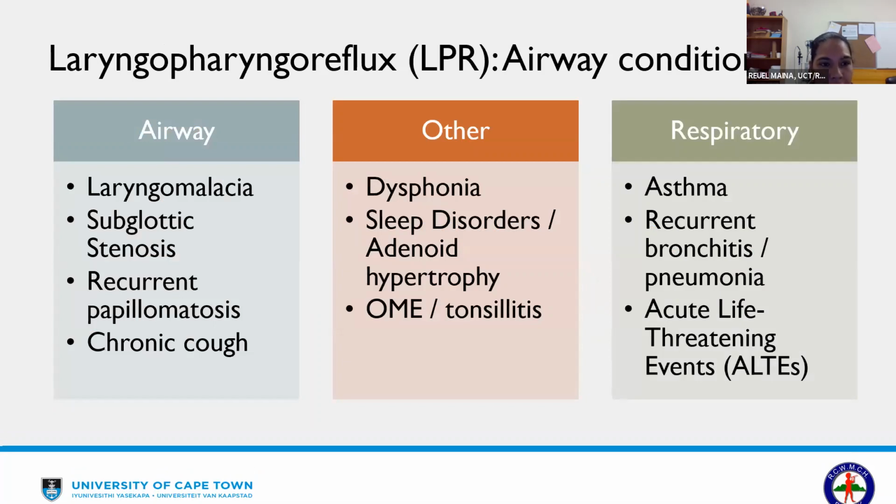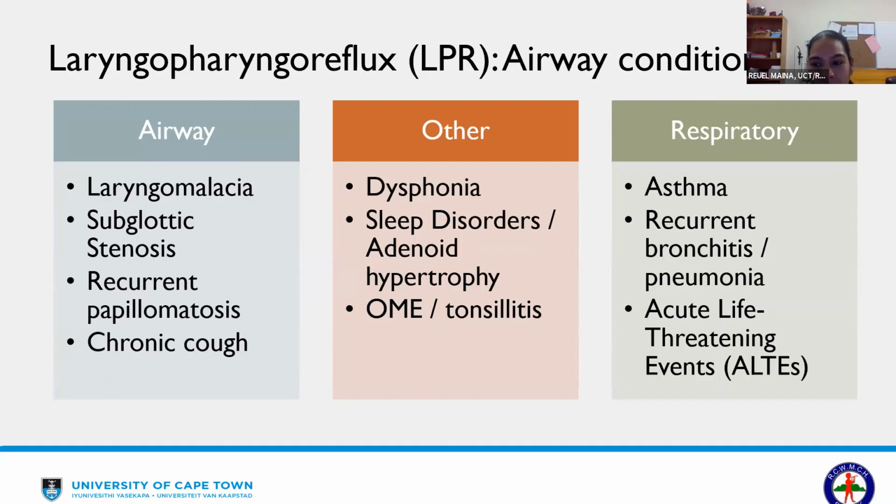So looking at how it impacts on ENT disorders, within the airway, LPR can affect patients who have laryngomalacia, subglottic stenosis, recurrent papillomatosis, and chronic cough. They can have dysphonia, associated sleep disorders, and adenoid hypertrophy. And LPR has also been associated with chronic otitis media with effusion and tonsillitis.